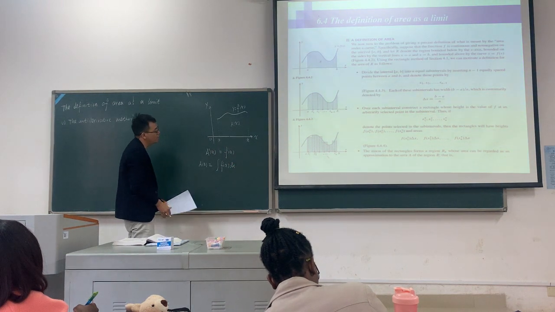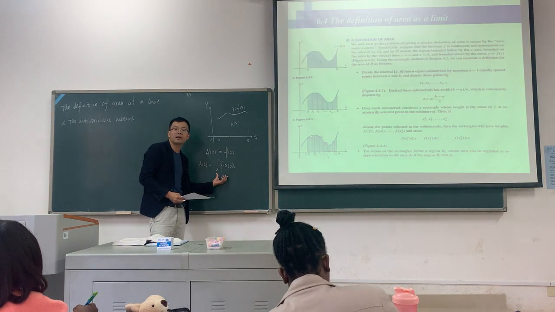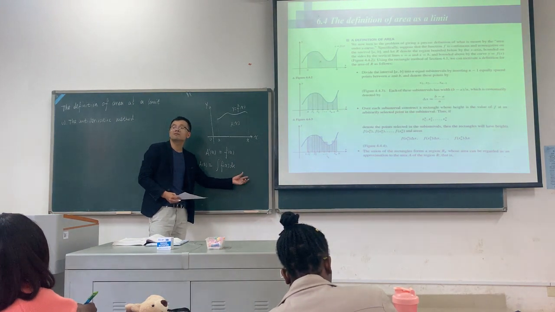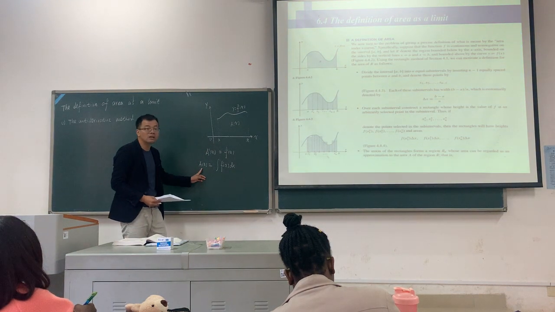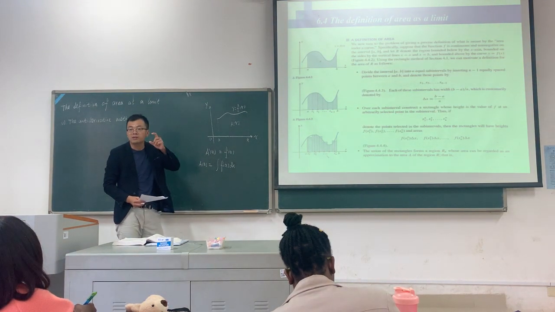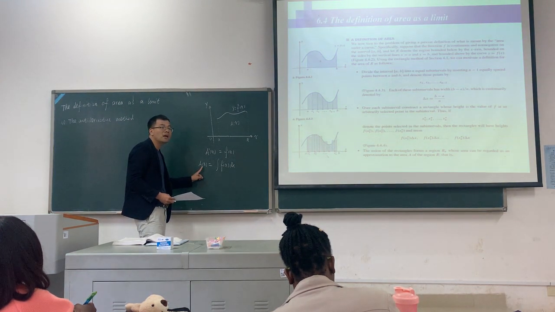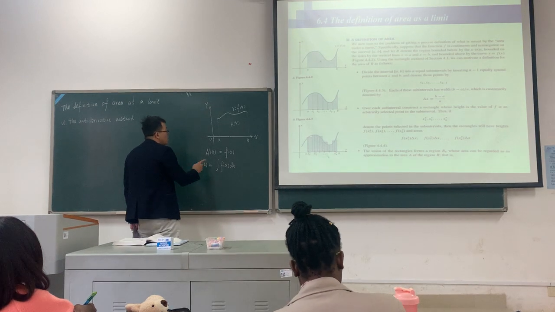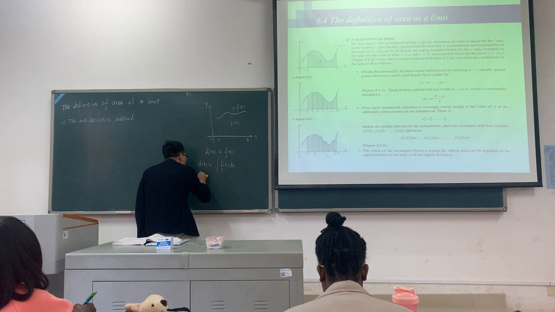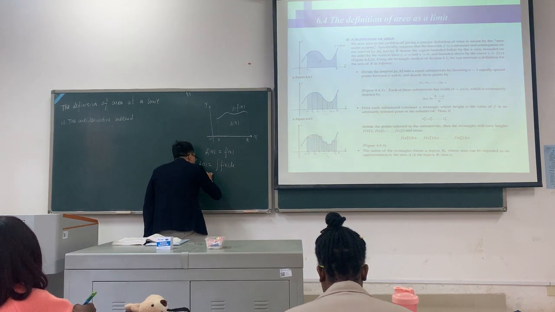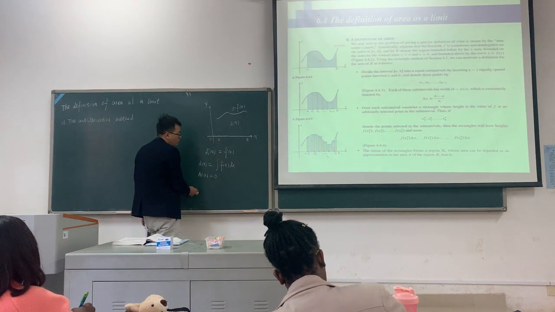The antiderivative has a constant, equal to some function plus a constant. So here we need to determine the constant c. We determine c because when x equals a, the area capital A equals 0.